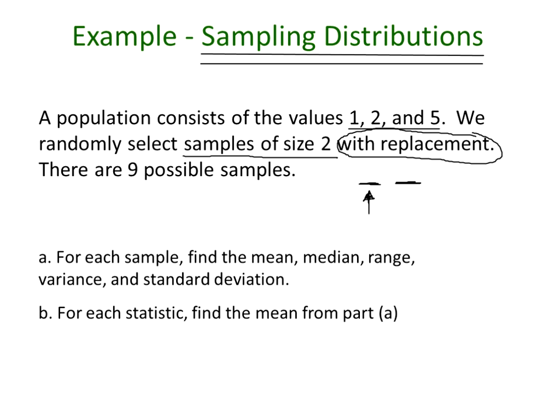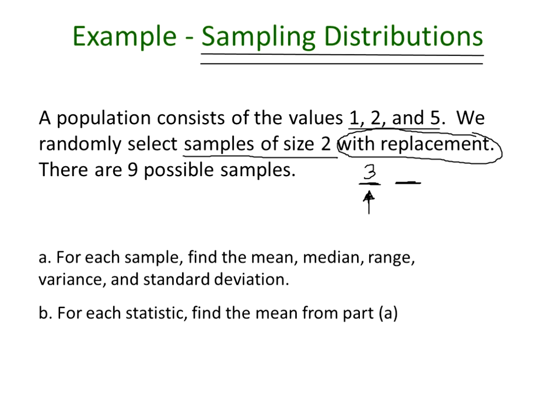So how many options are there for the first selection? Any ideas? Okay. So you only have 3 numbers to choose from, right? 1, 2, and 5. Those are your 3 numbers. So when you start to select your sample, you have 3 options.